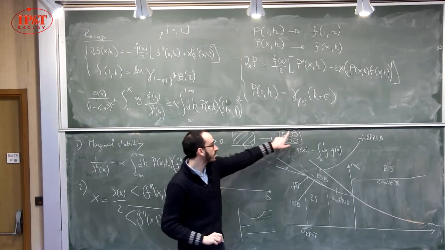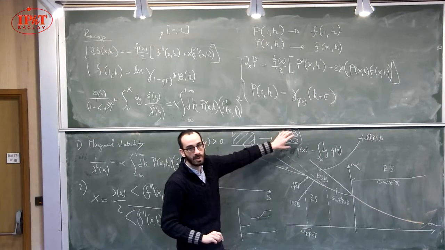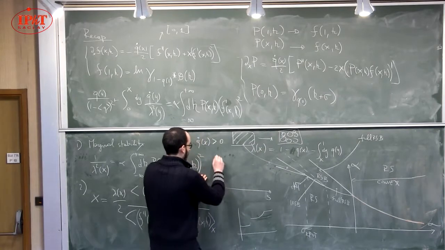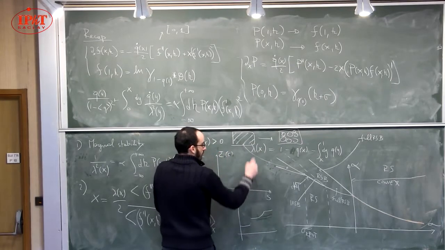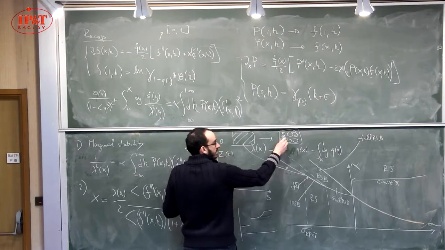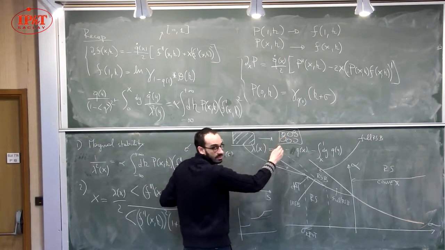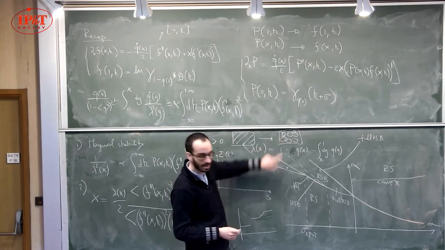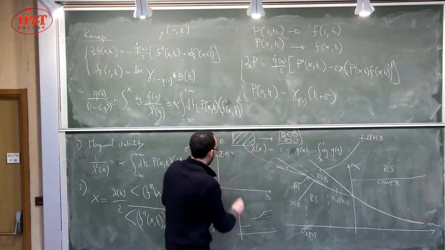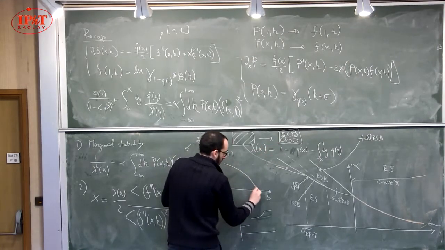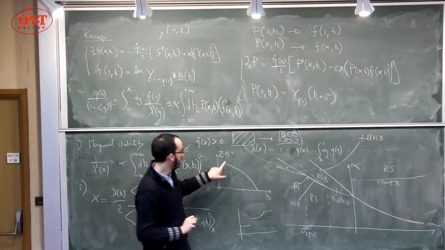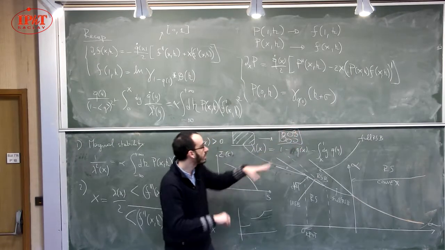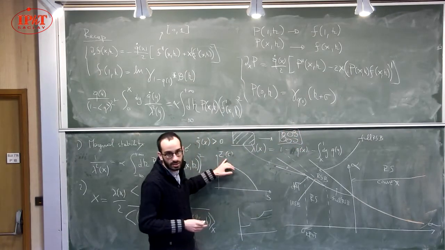Now if you compute the complexity, so how many clusters you have, in this region the complexity is positive. If you call small s the internal entropy of these clusters, so how many solutions you have inside one cluster, the log of this number is small s, then you can compute the complexity, that is something like that. In this region you have a set of clusters that you can organize according to their complexity.